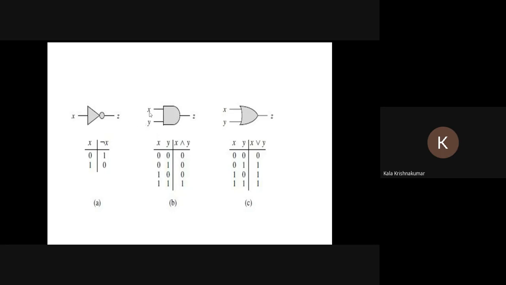A satisfying assignment means a truth assignment that causes the output of the circuit to be 1. When you apply these values to the Boolean inputs, finally you get a 1, which means true, as the output.